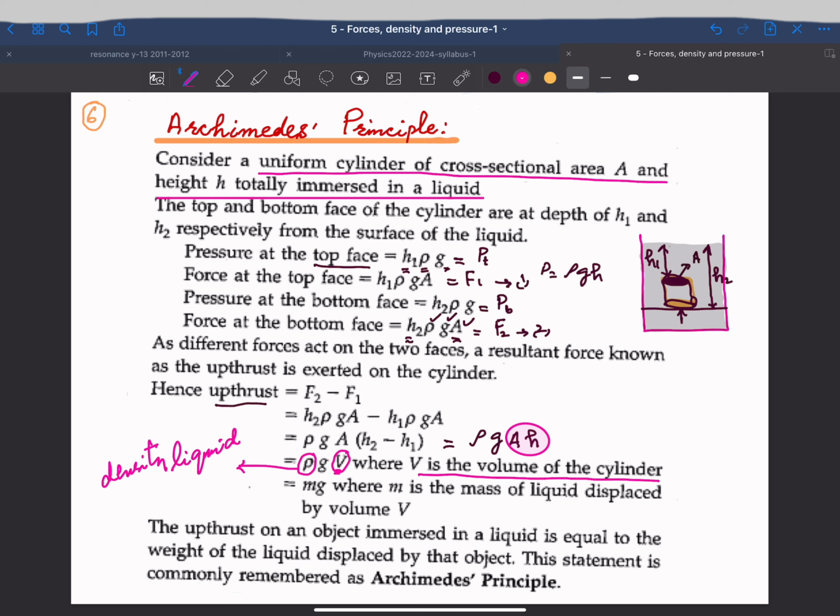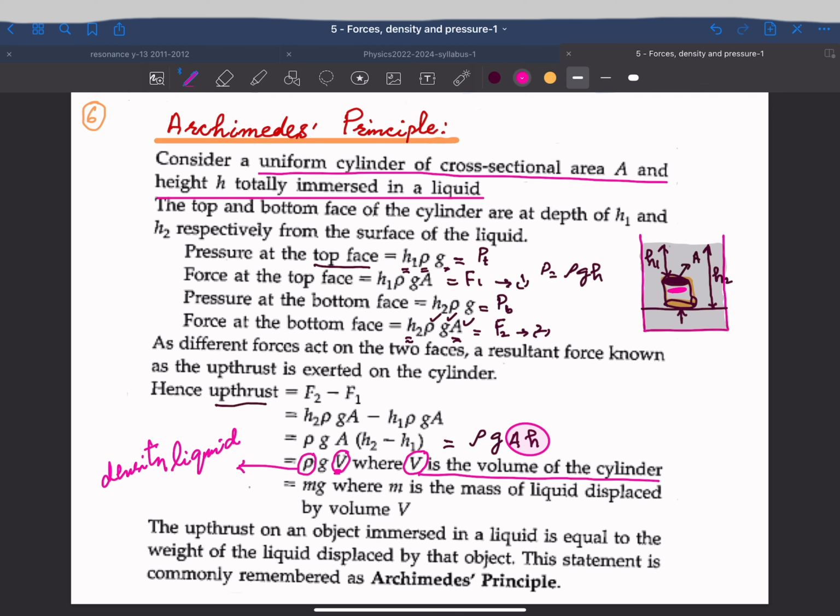But the simple thing is that you can state that the volume of the liquid displaced by this body will be equal to the volume of the cylinder. It means that if you have a volume V of the cylinder, the same volume of the liquid will be displaced by this cylinder.